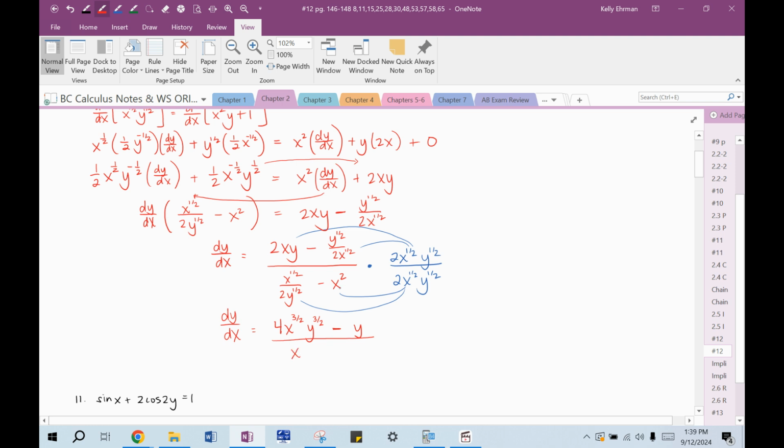And then down here, I will have minus 2x to the 5/2, because you add your exponents. 2.5 is 5 over 2. Y to the 1/2. And I could factor a y out and factor an x out, but there's not really any reason to. Nothing would cancel or simplify. So that's my final dy dx.